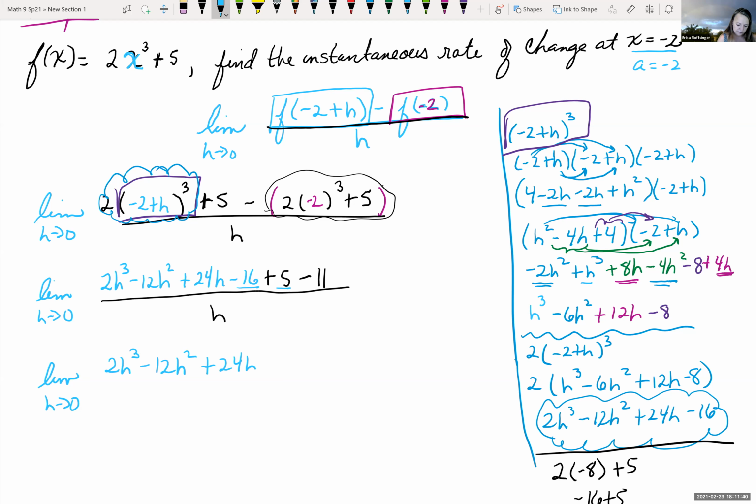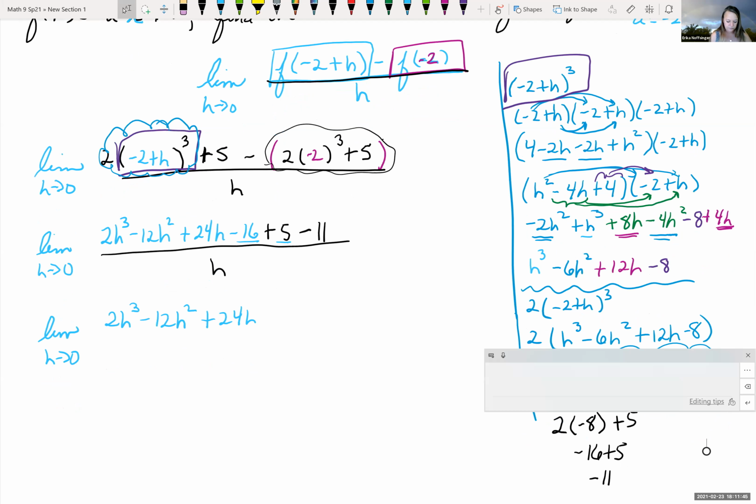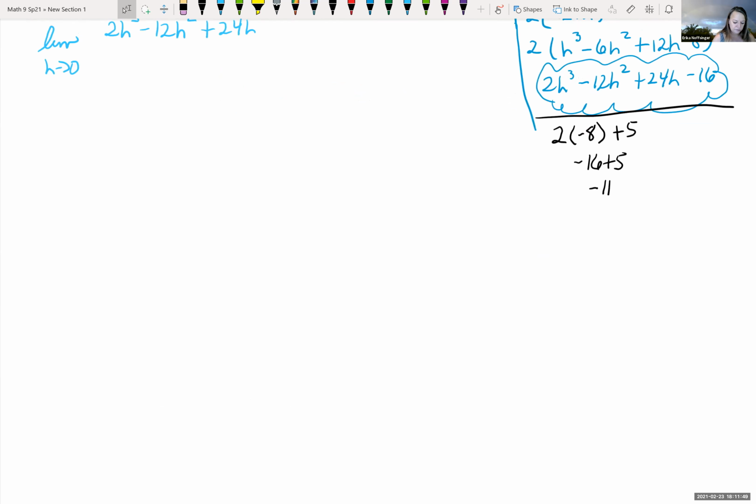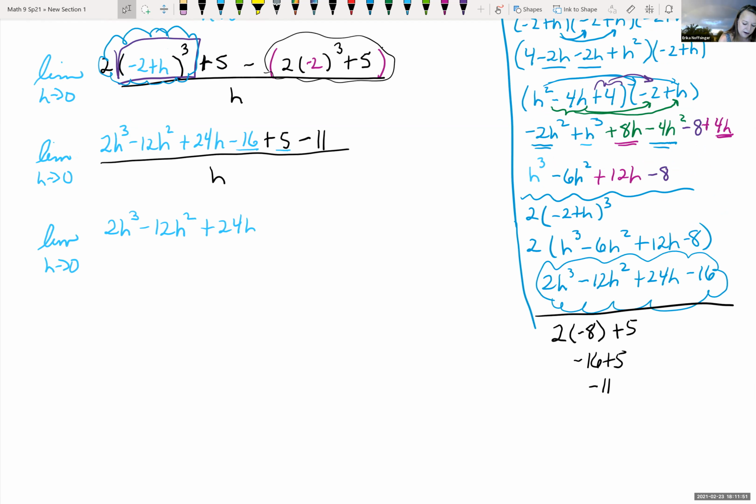Oops, something's wrong. I know what's wrong. And this is a good thing I did it wrong. We forgot about this minus here. This was minus this negative 11. So minus the negative 11 is actually a plus. So that should be a plus there, plus 11.